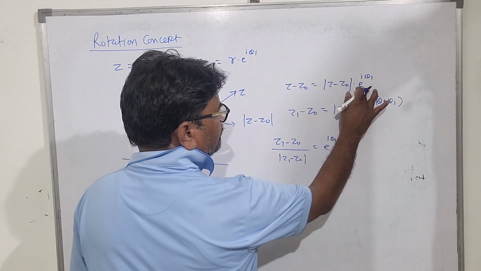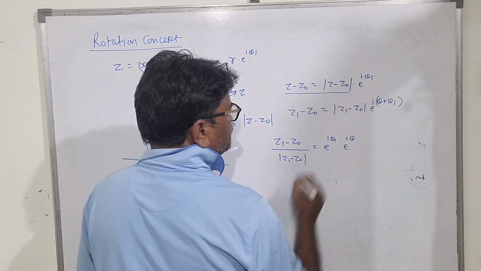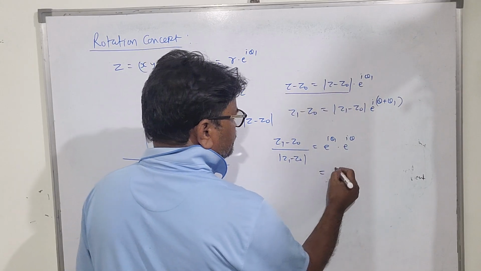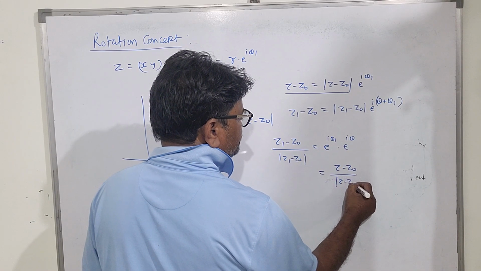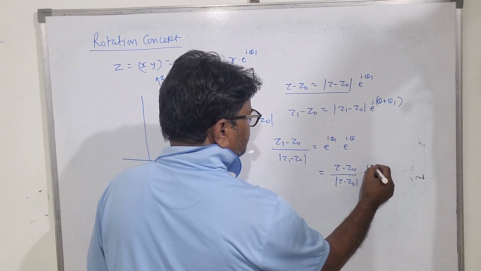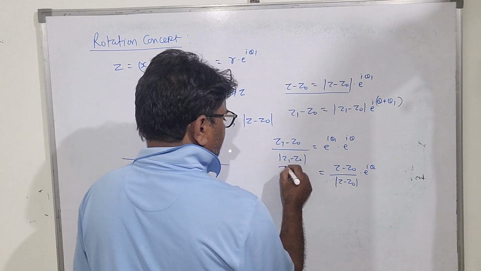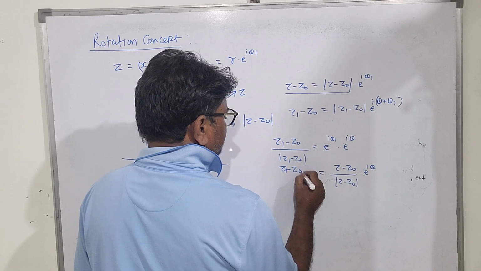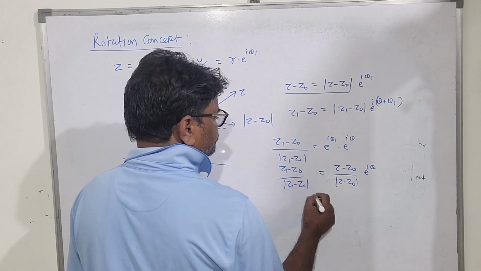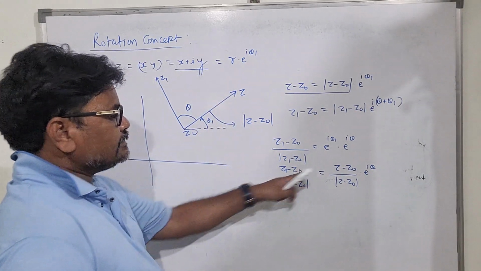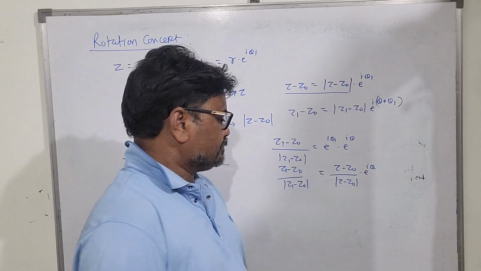Correct? e to the power iota theta 1 I can write from here: it is z minus z naught divided by the modulus of z minus z naught. So (z1 minus z naught) divided by its magnitude is equal to (z minus z naught) divided by its magnitude, into e to the power iota theta.